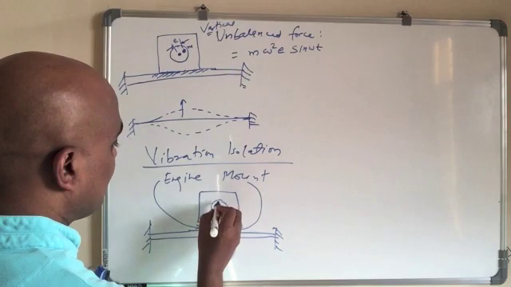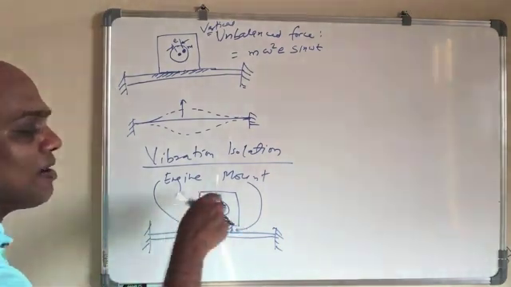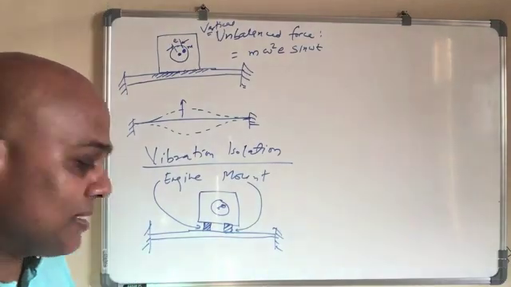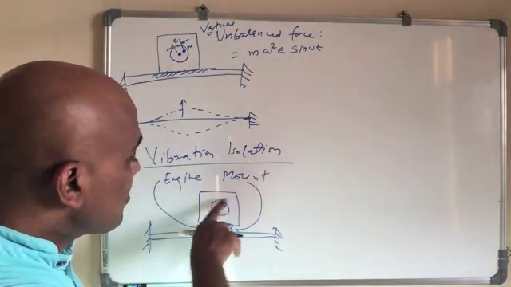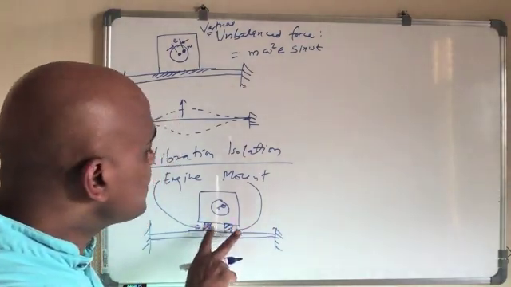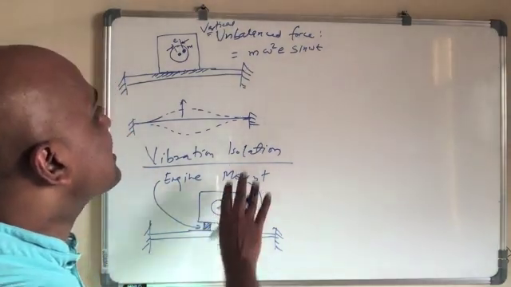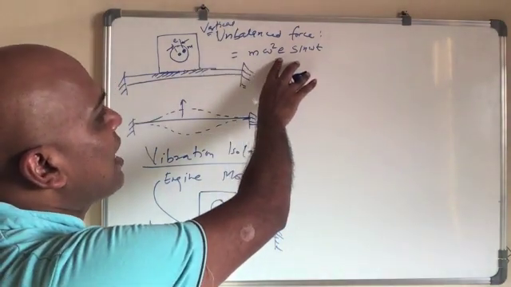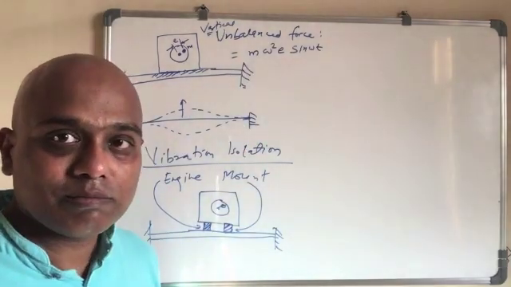And here we have the rotor, let us say. Now what happens? The excitation comes from here, but because of this engine mount, the force transmitted may not be as large as m omega square E sine omega t. It may be lower than that.